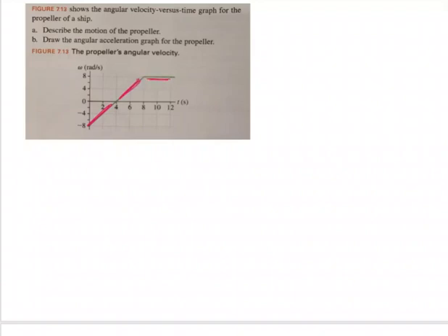So what's going on? I see a negative angular velocity in this region, then a positive angular velocity in this region, and then a constant angular velocity in this region. So what's happening? The motion of the propeller.